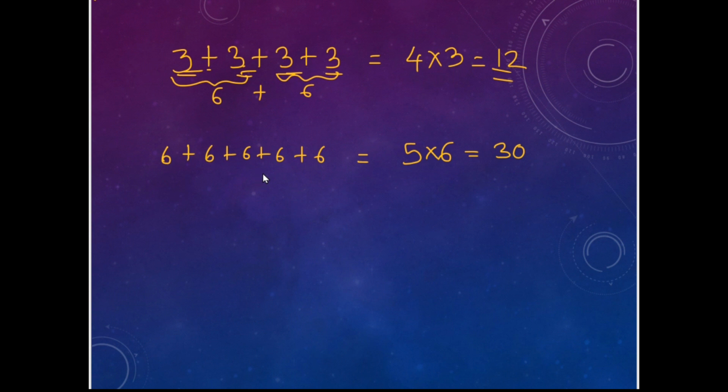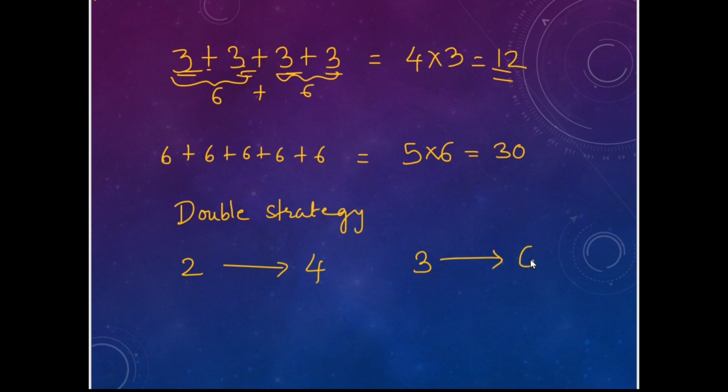Now, along with this, you must also have come across a strategy that we use in addition, that is a double strategy. What do we mean by double strategy? Adding the same number twice, like 2's double is 4, 3's double is 6, then we have 5's double which is 10, and we have 12's double which is 24.